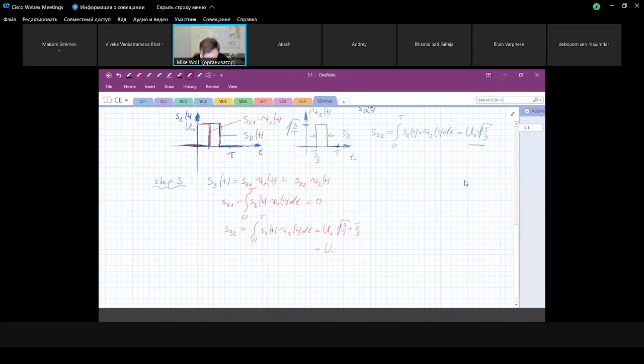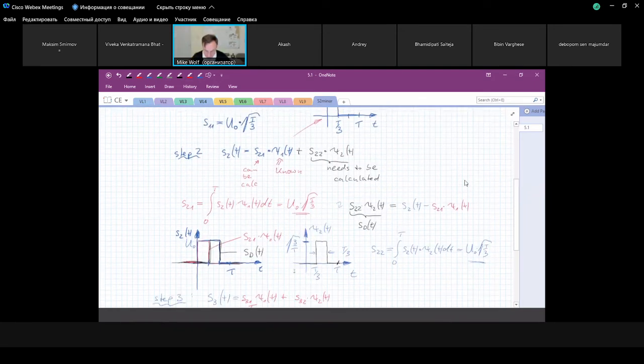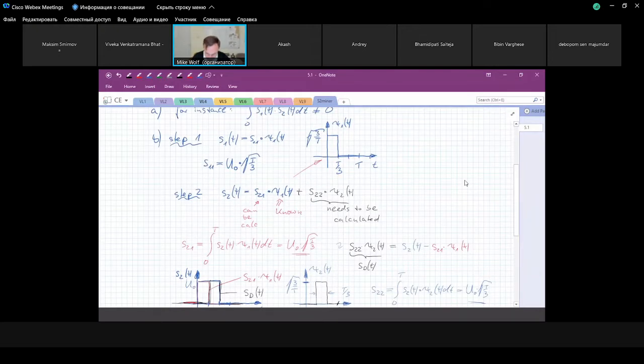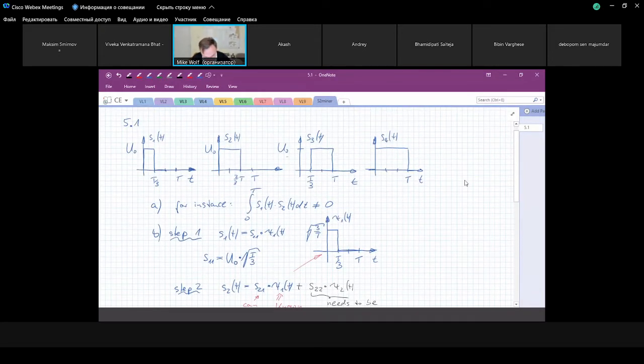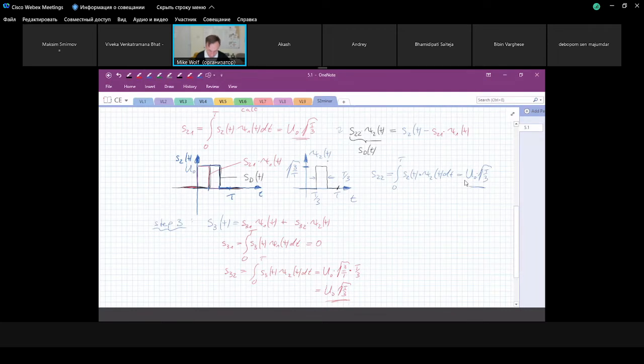So this is again u naught times square root of t by 3. But this is not enough. There is something missed. If we weight the first basis function and the second basis function, we will never get this signal, because this remaining part is not contained in psi1 of t and not in psi2 of t. This means there is a new part, and this is S33 times psi3 of t, because we need a new basis function.